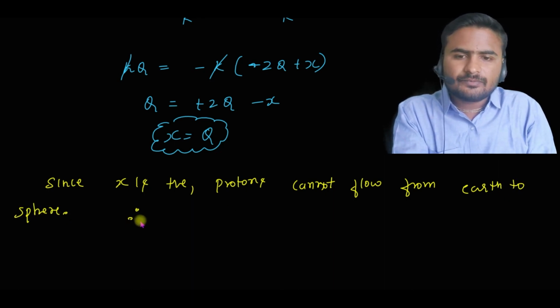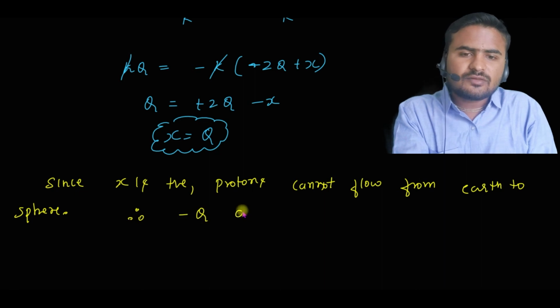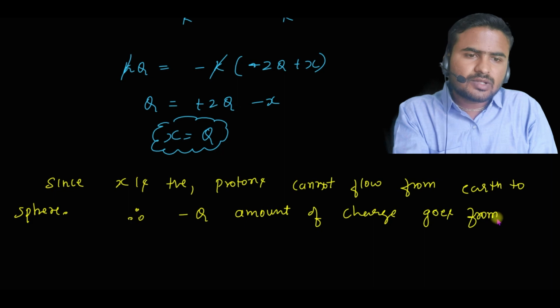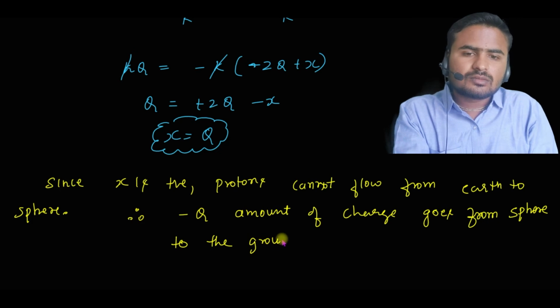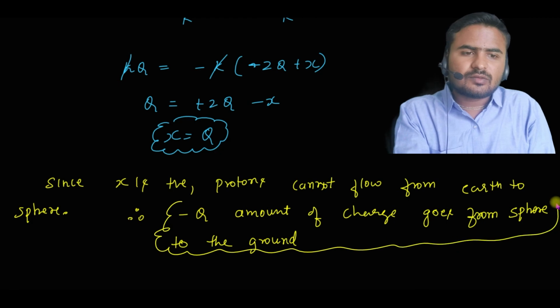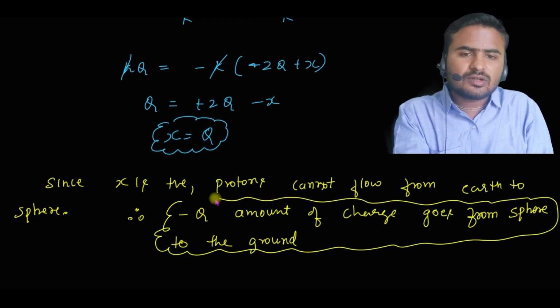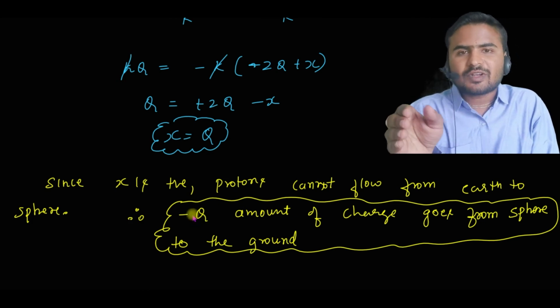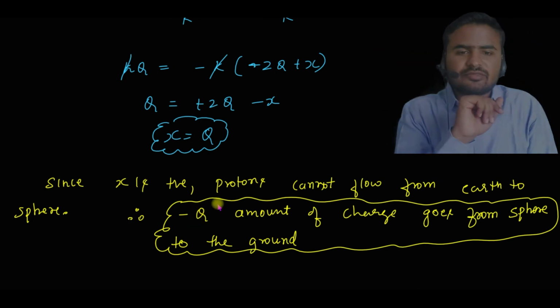So therefore minus q amount of charge goes from the sphere to the ground. Okay, so that is the answer for our question. From where to where the charge has gone, and how much: minus q amount of charge is going to go from the sphere to the ground. So this is the answer for this question.